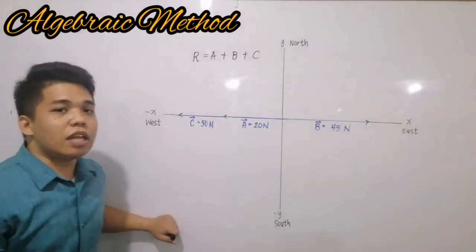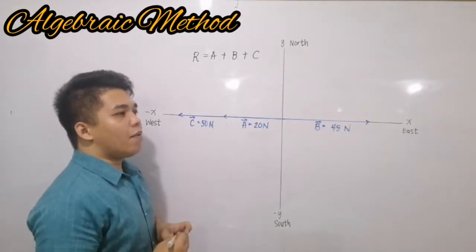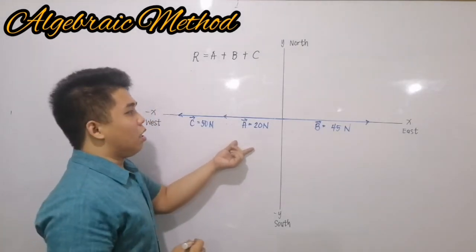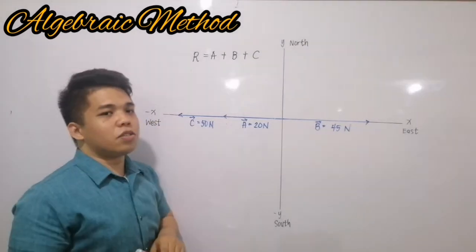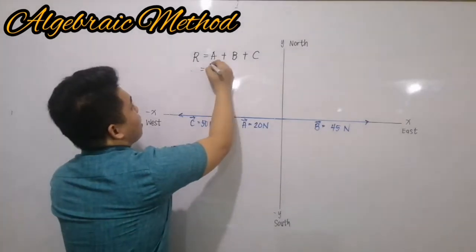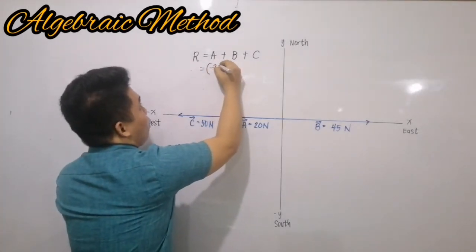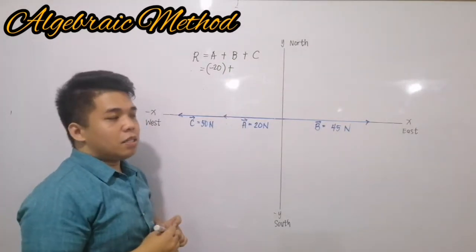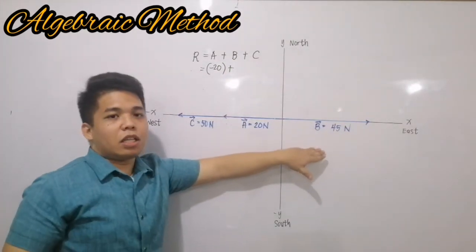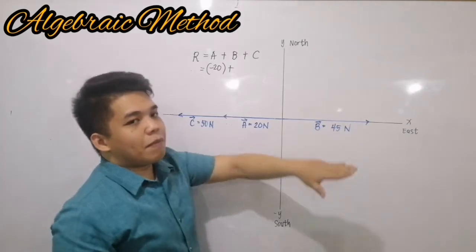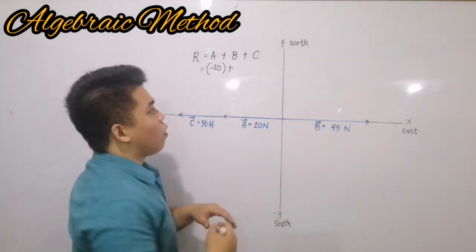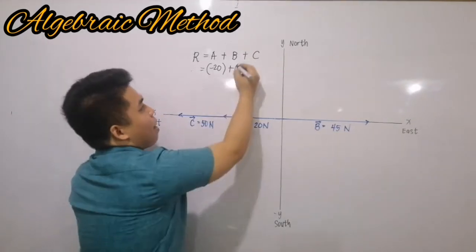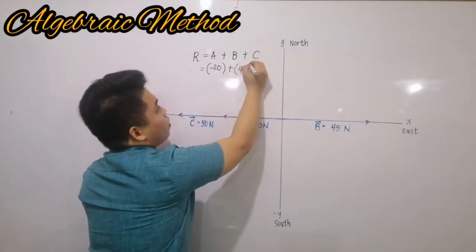Let's substitute the given magnitudes. Since vector A lies on the negative x-axis, it can be expressed as negative 20 Newton, plus vector B. Since vector B is located on the positive x-axis, it can be added as positive 45 Newton.